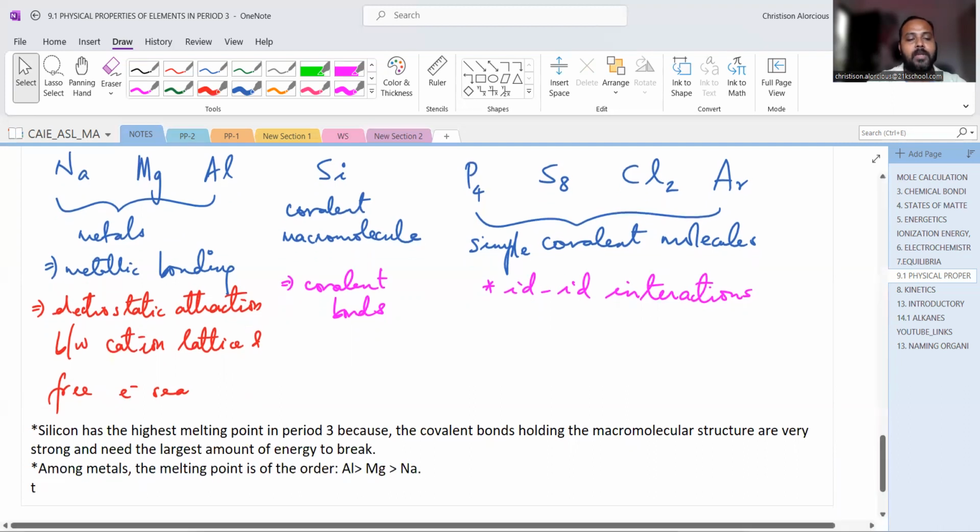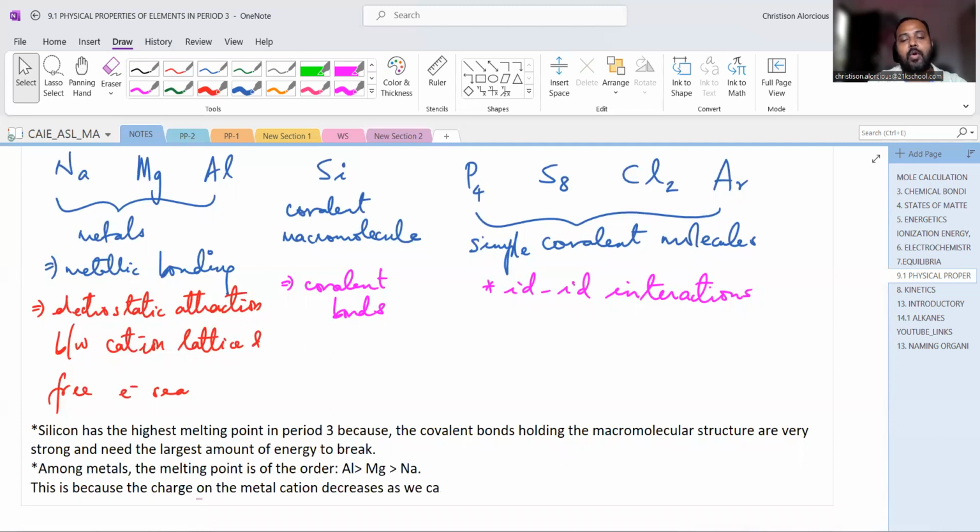This is because the charge on the metal cation changes as we go across the period. Sodium forms a +1 ion. Magnesium forms a +2 ion.